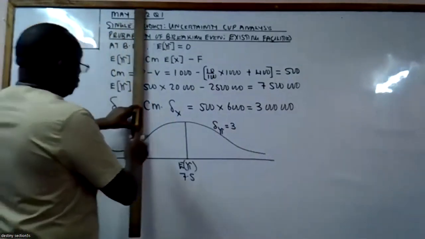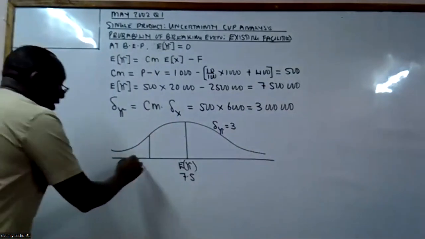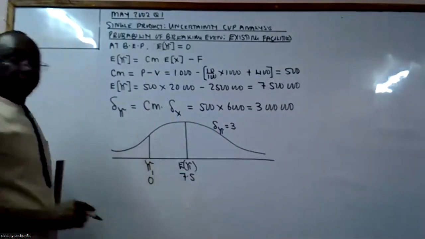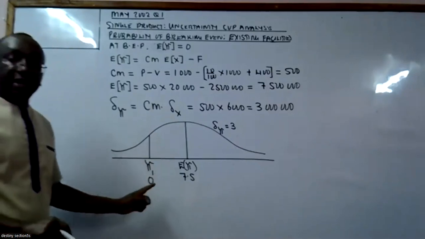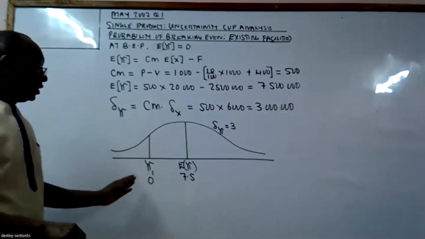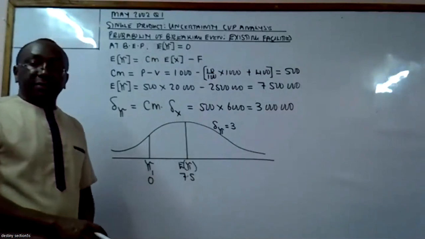And when we are told to look for the probability of breaking even, it is pi 1 here, which is 0, because at break even, profit is 0. So the probability that you break even is the probability that you make more than 0 profit.